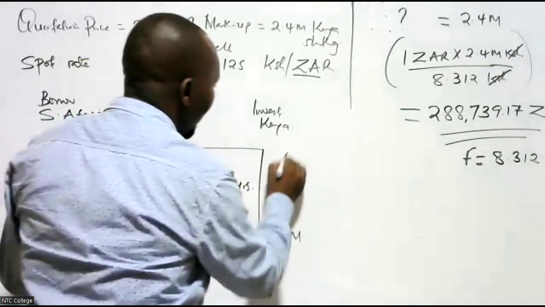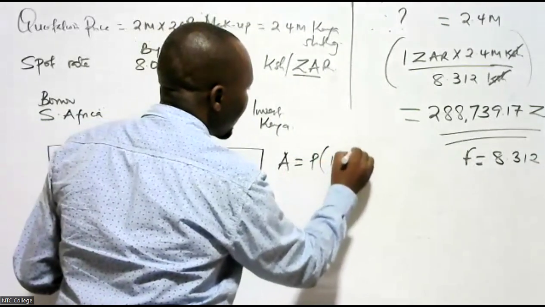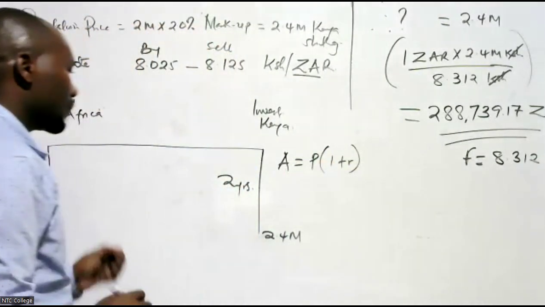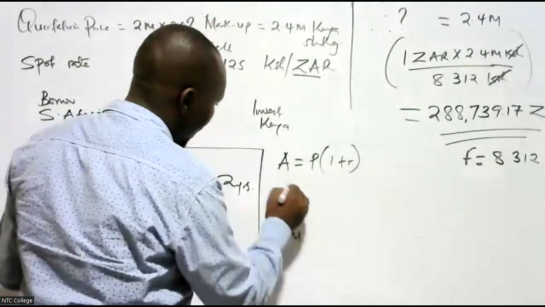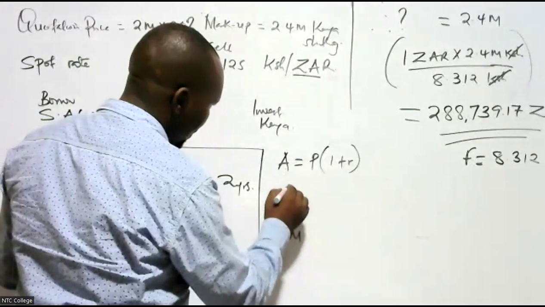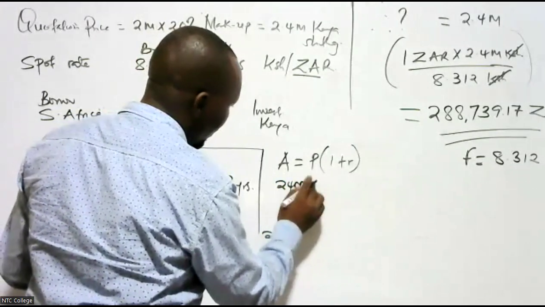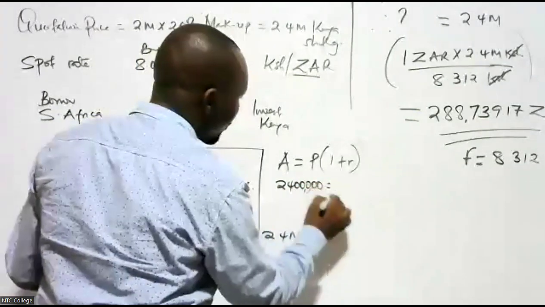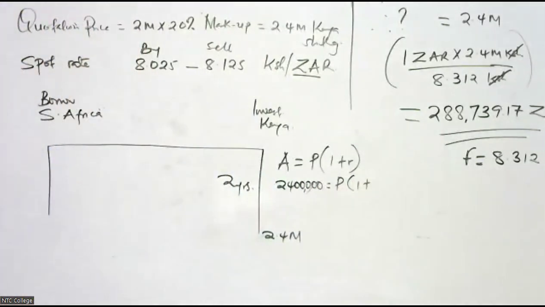So you say amount is equal to principal that we don't know, times 1 plus R. Then we have our 2.4 million is equal to P, which we don't know, times 1 plus, what is the lending rate? The investment rate, sorry, investment rate in Kenya.